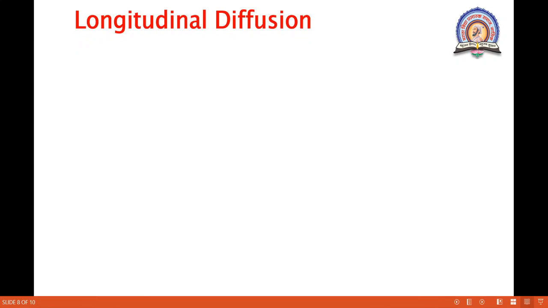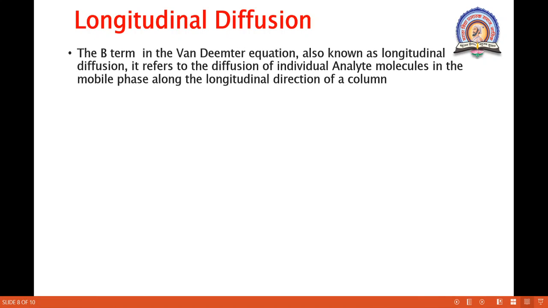Then the next is the longitudinal diffusion. In that equation, the B term stands for the longitudinal diffusion. The B term in the Van Deemter equation is also known as longitudinal diffusion. It refers to the diffusion of individual analyte molecules in the mobile phase along the longitudinal direction of the column.